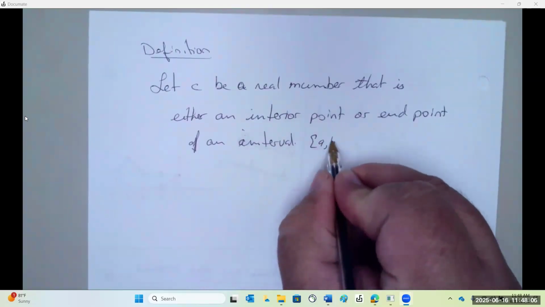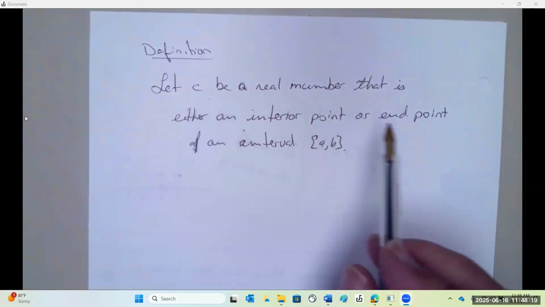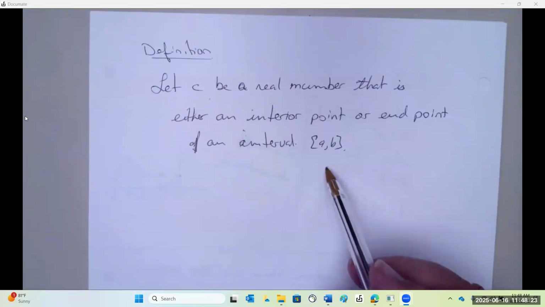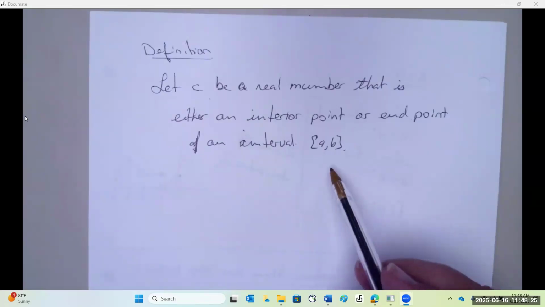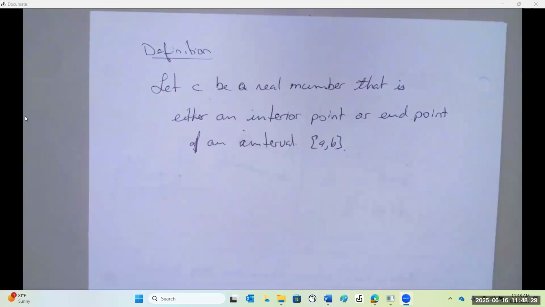Has to be a closed interval. Why does it have to be a closed interval? It goes with semantics. Can c be an endpoint if it's not included? No. The only way it can be an endpoint is if it's included. So here we're talking about a closed domain.